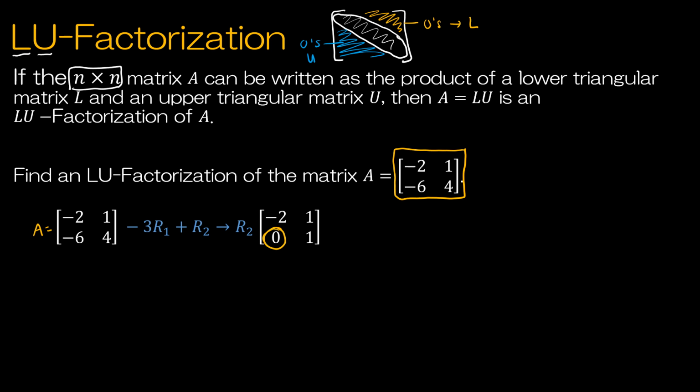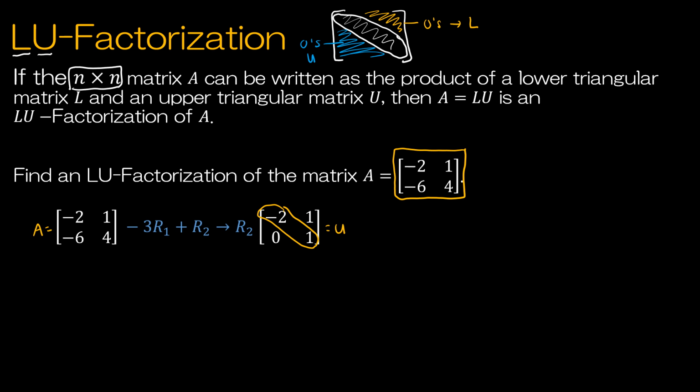Well, I would make sure this bottom value is 0. And guess what? Now, this is an upper triangular matrix, because whatever's happening along the diagonal, everything below that diagonal is zeros. So this is U in my LU.